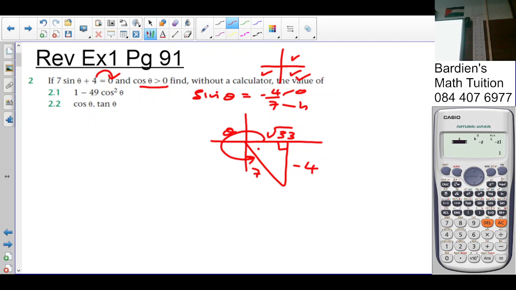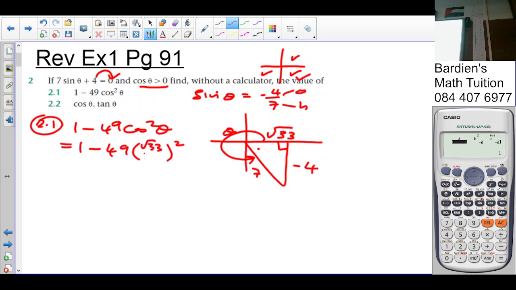Okay. So, number 2.1. So you've got 1 minus 49 cos squared theta. So what does cos stand for? It's adjacent over hypotenuse. So the adjacent here is root 33 over hypotenuse, which is 7. So it's going to be 1 minus 49 cancels, 33, which is negative 32. Is that correct? Yes. 2.2.